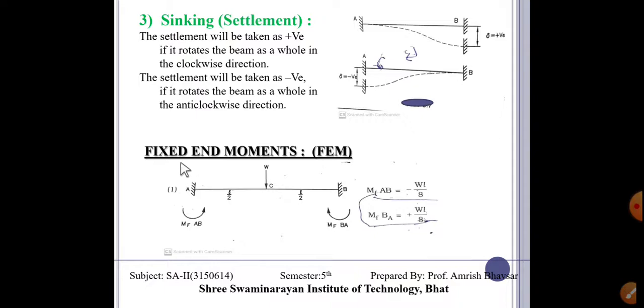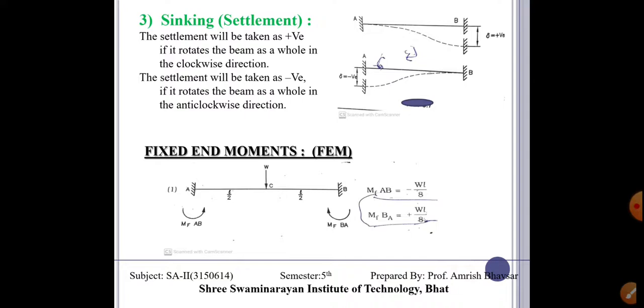Now, fixed end moments. You know what a fixed end moment is and how it is calculated. When we are going to analyze any continuous beam, it must be noted that the fixed end moment is our initial part, and that moment unbalances our member.